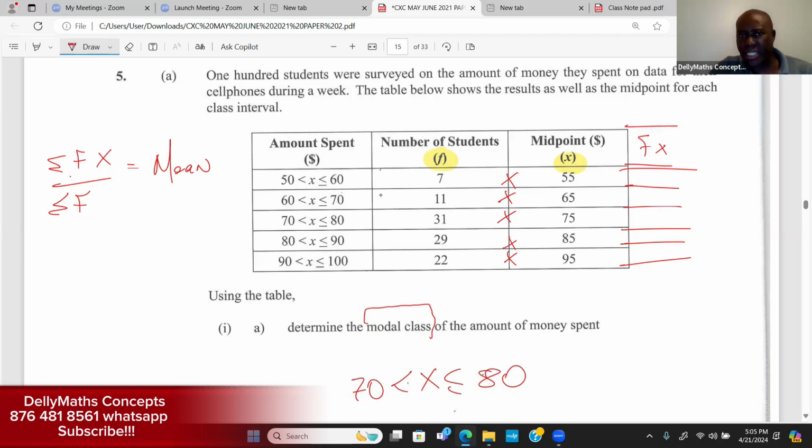So we're looking at 5 times 55, and that's going to give us about 385.